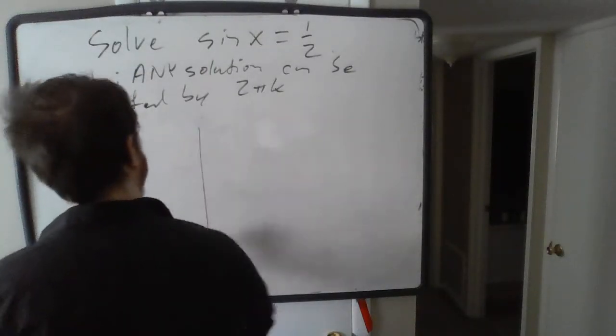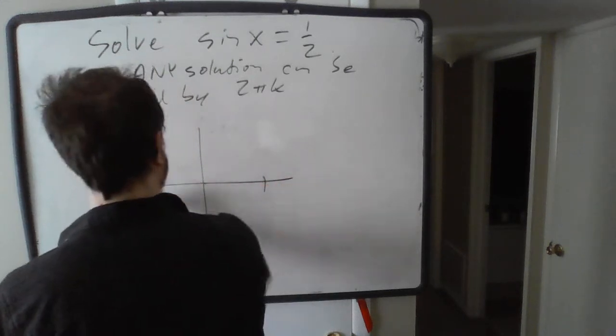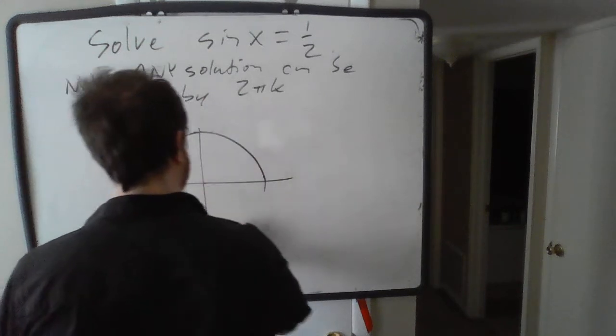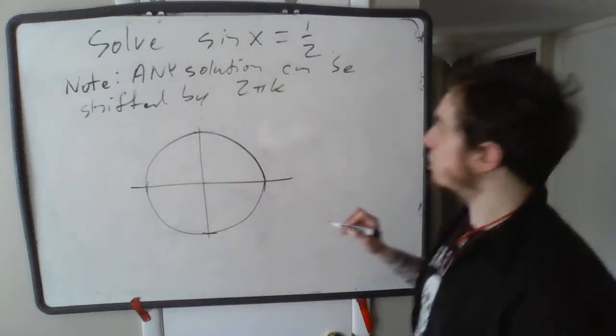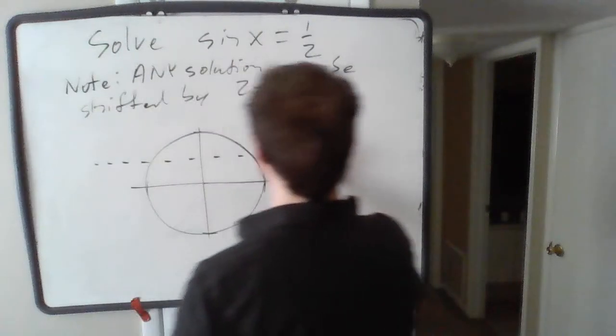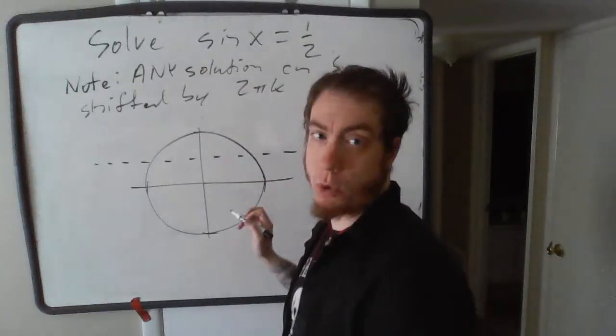What this means really is that on the unit circle, give me a moment to draw a unit circle here. On the unit circle, the sine is the y coordinate. So we are looking for all the angles whose y coordinate is 1/2.